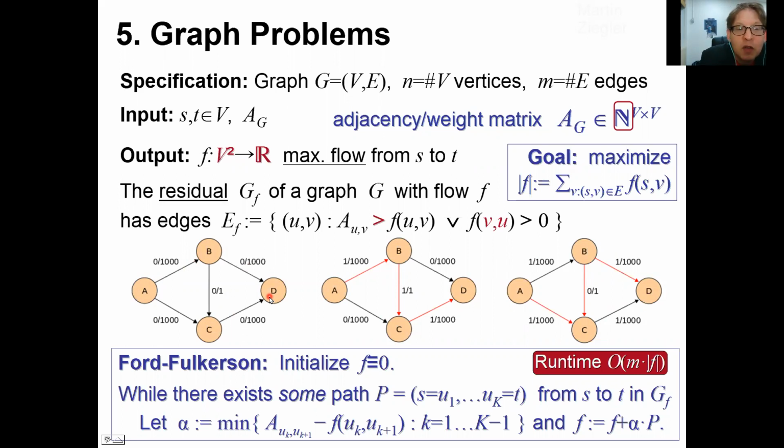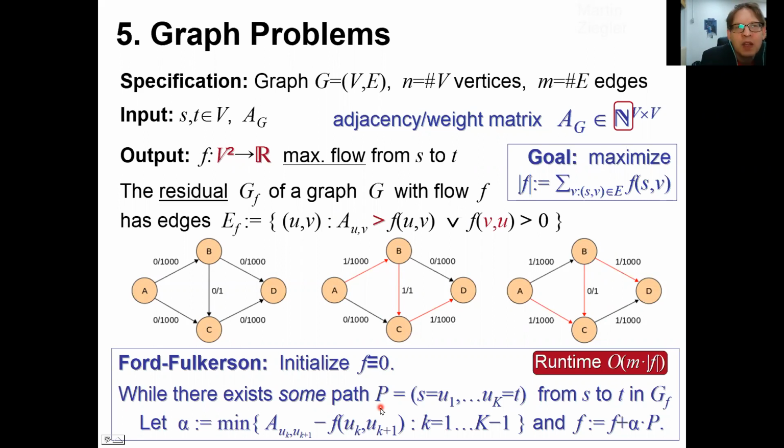Because there's no specification which augmenting path Ford-Fulkerson uses. It just takes any augmenting path feasible in the residual graph. And this is emphasized here, where there exists some augmenting path. And this is why Ford-Fulkerson technically is not really an algorithm.